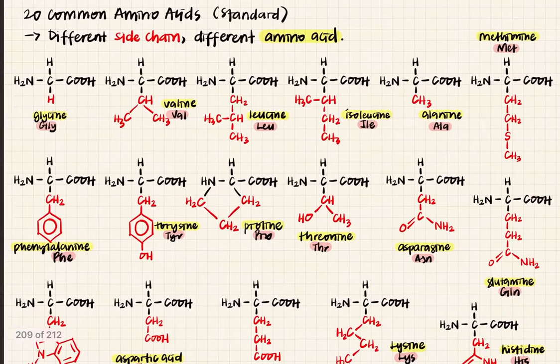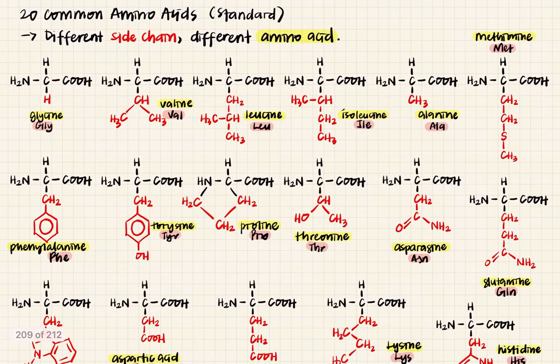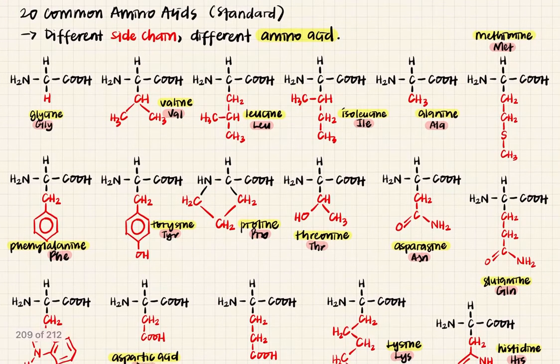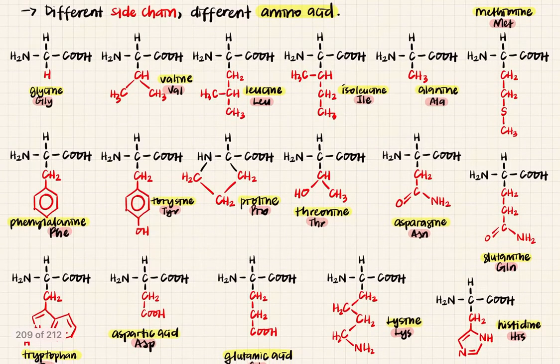There are about 20 common amino acids, and they have their specific names. This one is glycine, where you have H as your side chain. For valine, you have isopropyl as your side chain. Leucine has isobutyl as its side chain. And here, sec-butyl as the side chain for isoleucine, and so on.